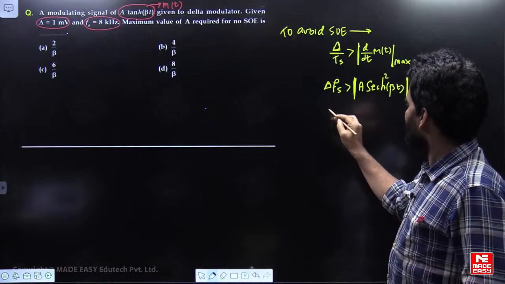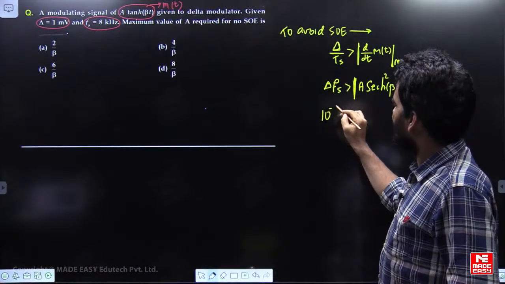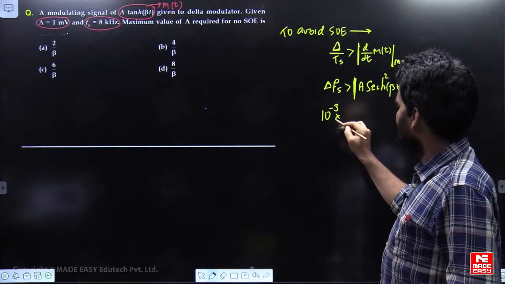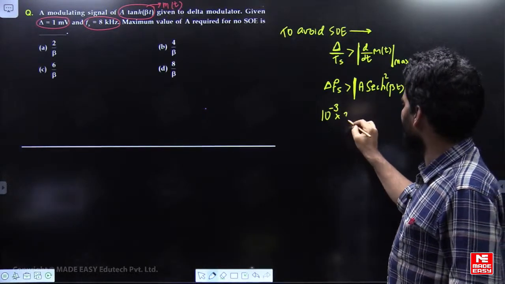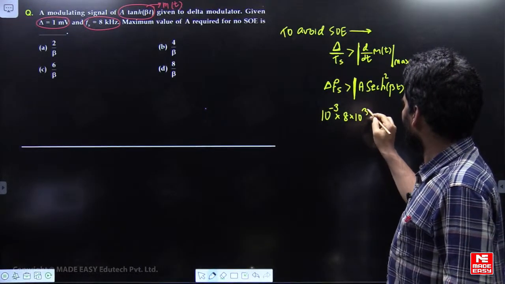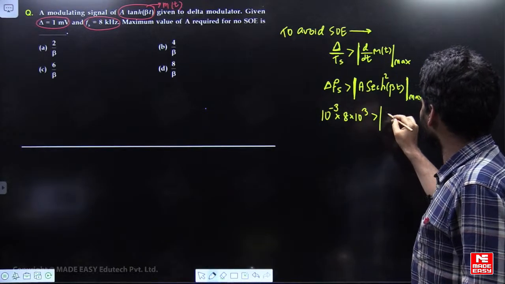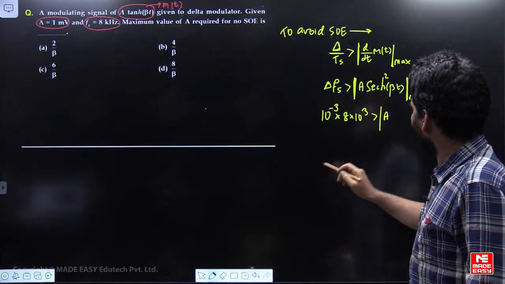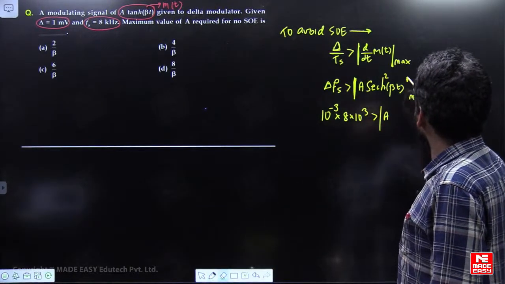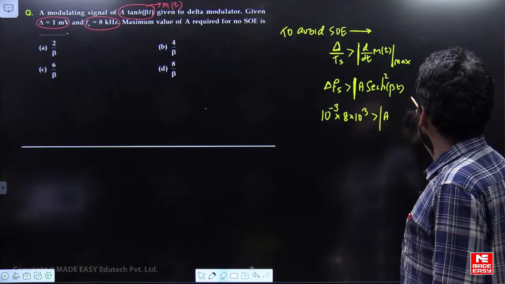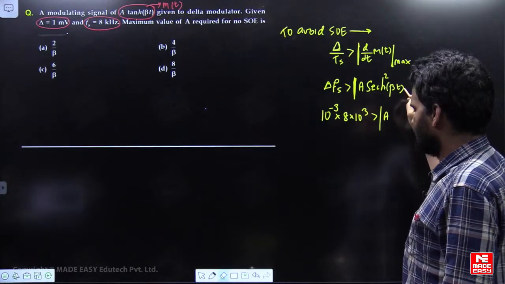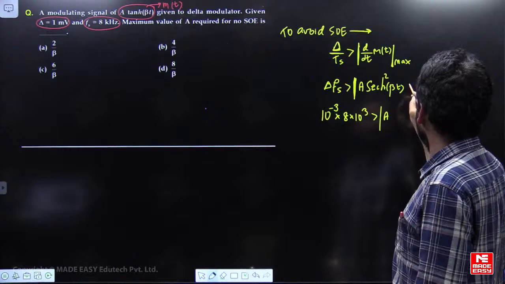Delta is 1 millivolt, that is 10 power minus 3. Fs is 8 kilohertz, 8 into 10 power 3. What is the differentiation of the argument, beta t? That is beta.